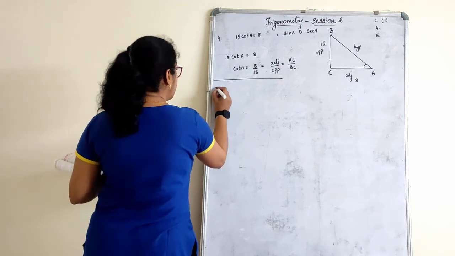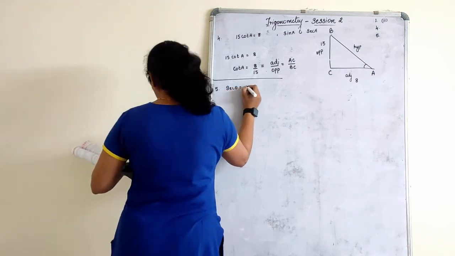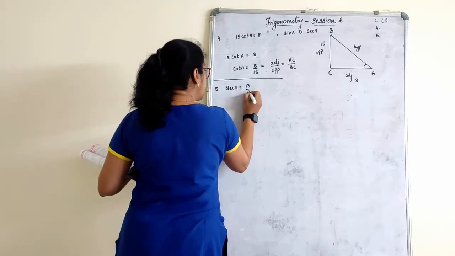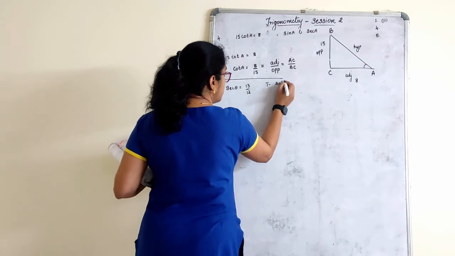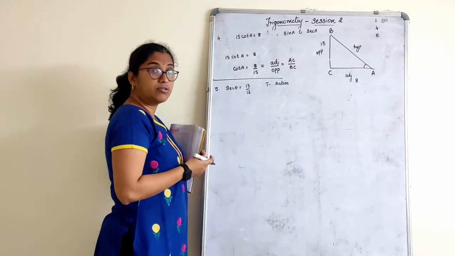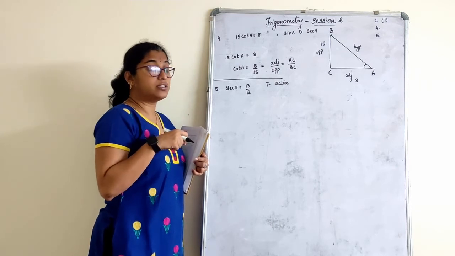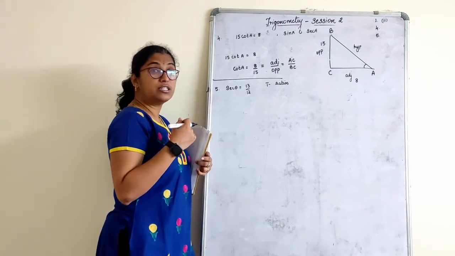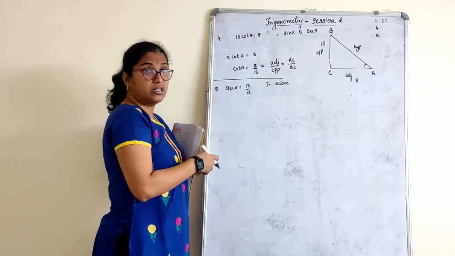Just look at the fifth one. They have given directly sec theta is equal to 13 by 12. Find all the t ratios. Sec theta, how do you write? It is the reciprocal of cos, that is hypotenuse upon adjacent. You know hypotenuse, you know adjacent. 13 is the hypotenuse, find out the other side.